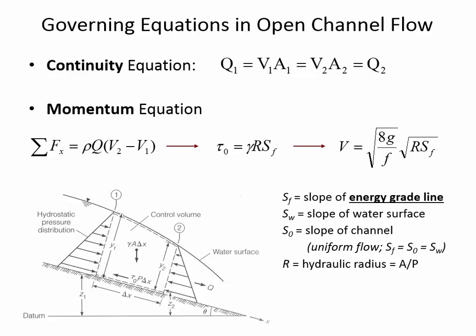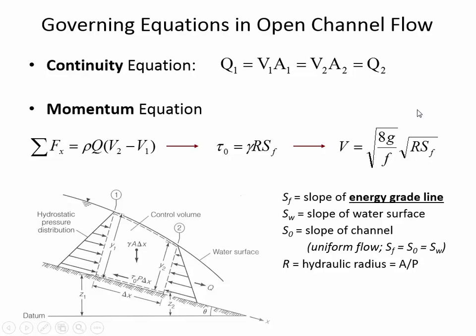So it's from this consideration of force balance that the momentum equation ultimately gives us a representation for the velocity of flow as a function of the roughness of the surface, f, and the slope of the energy grade line. Now, we won't actually use this equation very often.